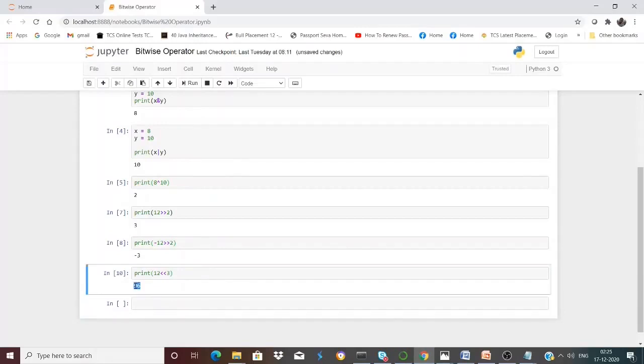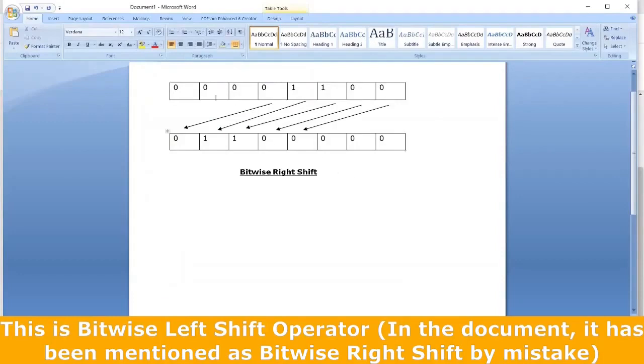Now we will again switch back to MS Word and we will perform the shift operation on the binary representation of 12 to match our derived output with the actual output. So this is the binary representation of 12.